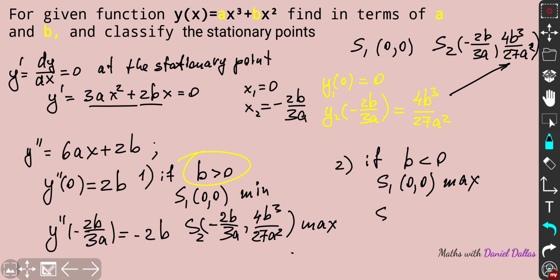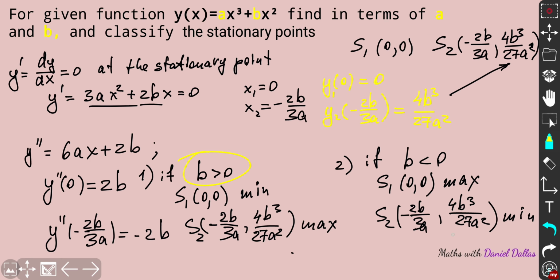And what about S2 with value negative 2b over 3a and 4b cubed over 27a squared? So that's definitely going to be the point of minimum, yeah? Because we have negative 2b, that's why we have positive, so the second derivative is positive.